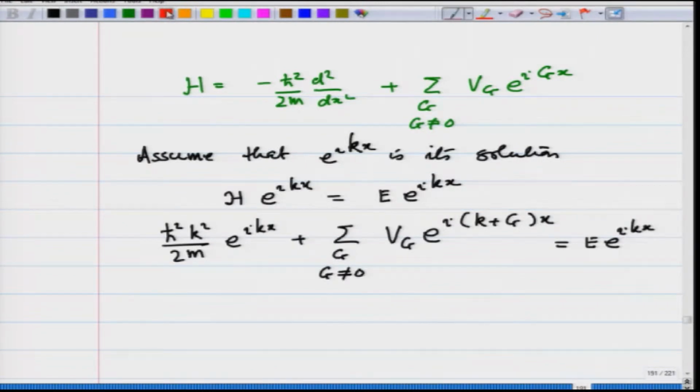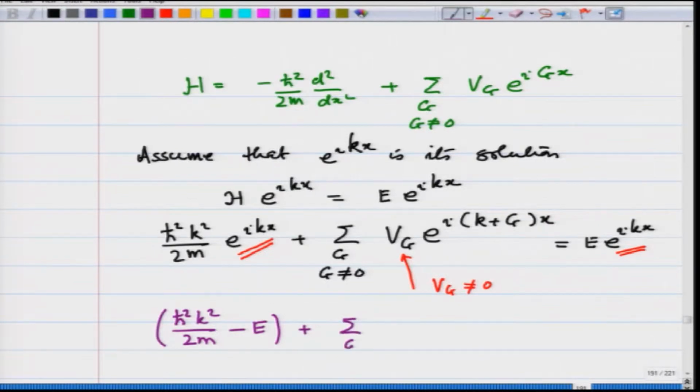What you notice is, because of these V_G's not being 0, this equation cannot be satisfied, because I have e^{ikx} on this side, e^{ikx} on this side, which I can cancel from the two sides, and then get ħ²k²/2m minus E plus summation over G of V_G e^{iGx} is equal to 0.